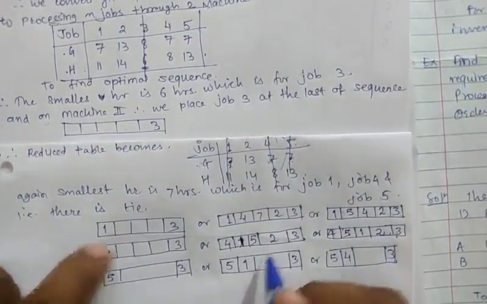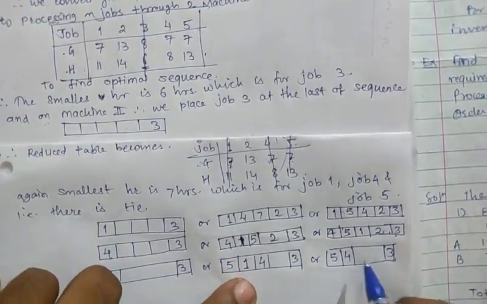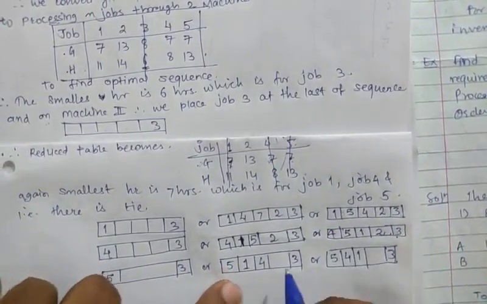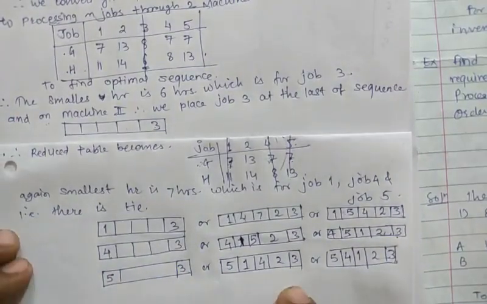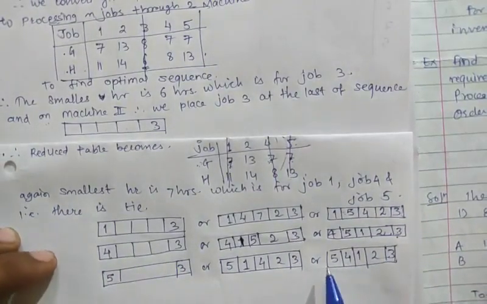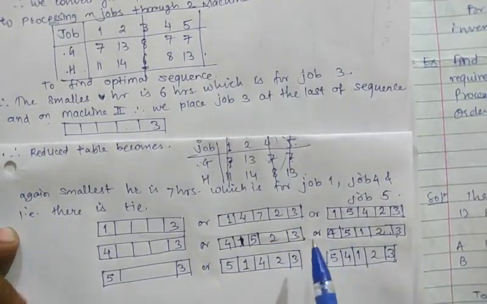If I put the 4th job, then we get 1, and the remaining is 2. So in total we get 6 sequences.